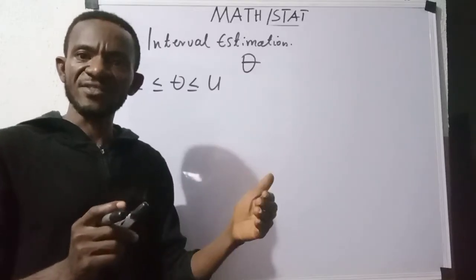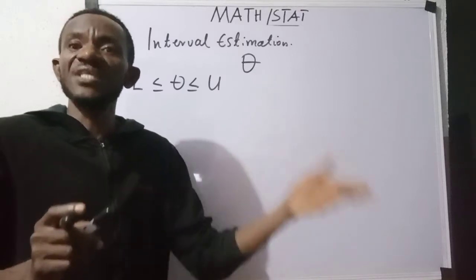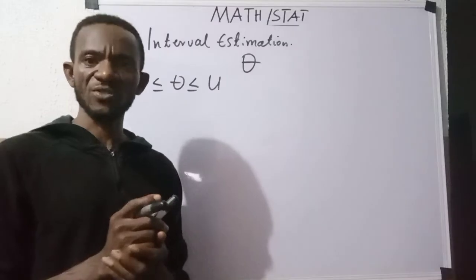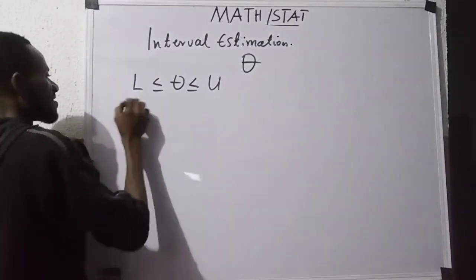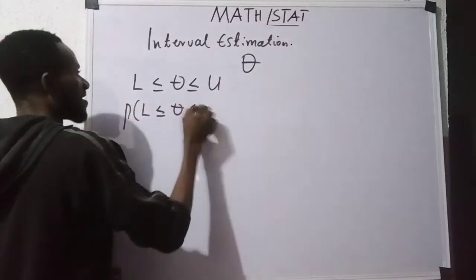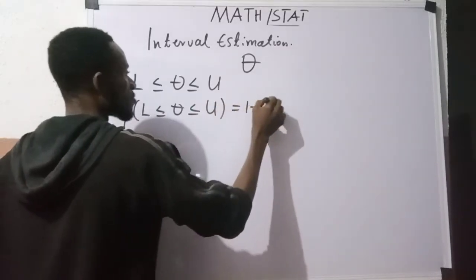And that confidence, or that level of assurance, brings in what is called a probability in our study. We are saying that the probability that L is less than or equal to theta, less than or equal to U, is given as 1 minus alpha.